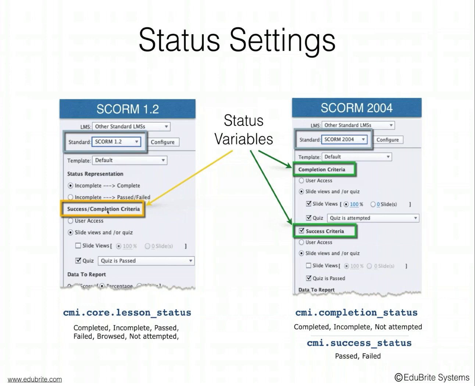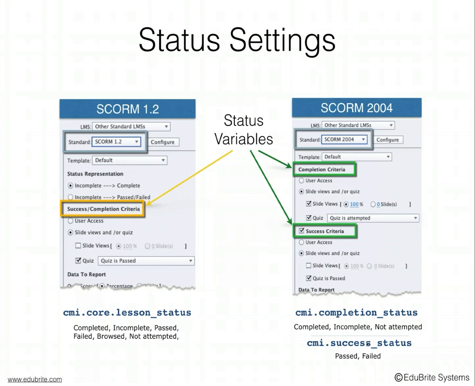Whereas in 1.2, success and completion are rolled into this one called cmi.core.lesson_status. So this one is trying to be everything: completed, incomplete, passed, failed, browsed, not attempted. This one, we've got it separated. It's completed and incomplete for this variable and passed and failed for this one.